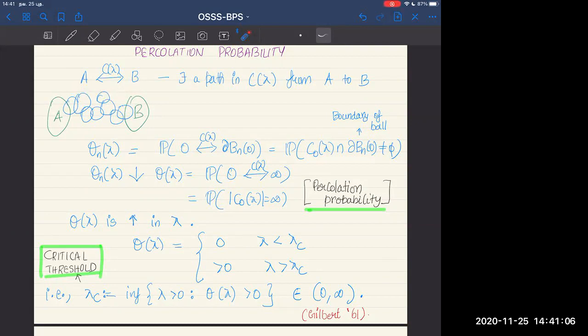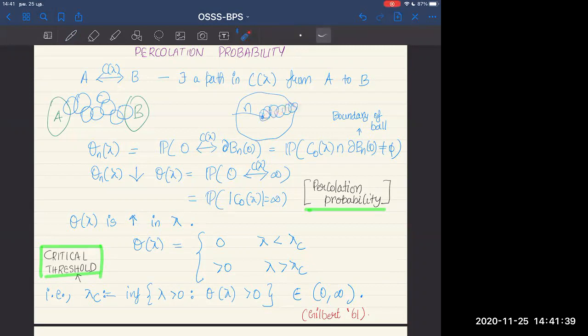The first important choice is when A is a singleton, the origin, and B is the boundary of a ball of radius n at the origin. All this means is: can I find a path from the origin going up to a ball of radius n?